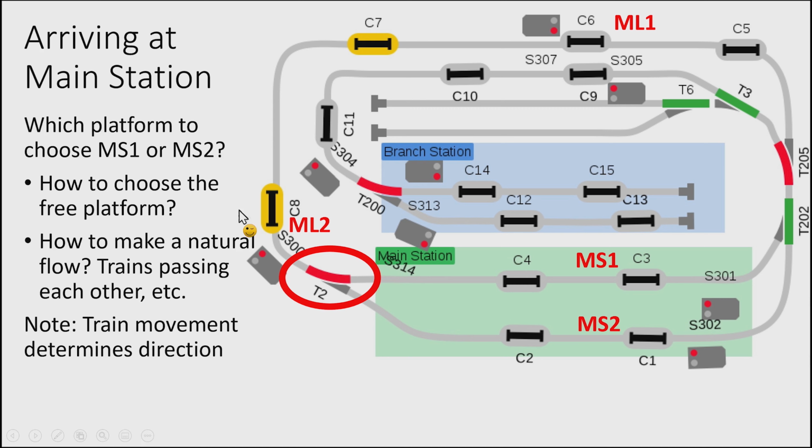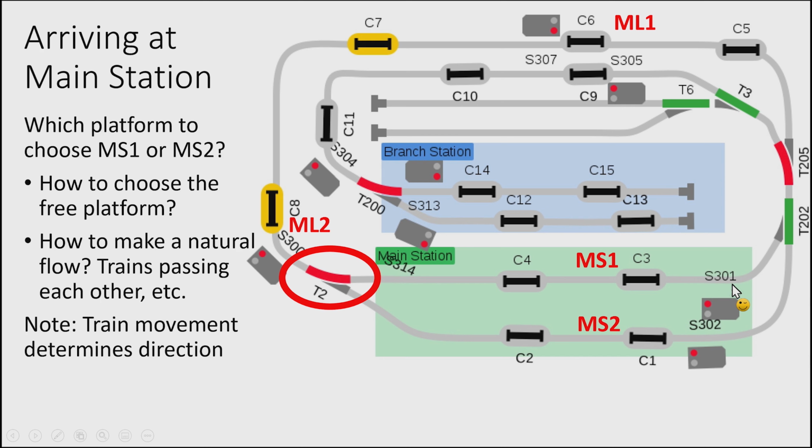Well, if I have the train here at mainline 2 and the route sets the route so it goes down to main station 2, so the platform 2 here on the main station, then the train needs to know, oh, I need to stop at signal S302 and I need to stop at C1. Vice versa, if the route sends it the other way, then the train needs to know that it needs to stop at the contact C3, and it needs to stop when S301 is read.